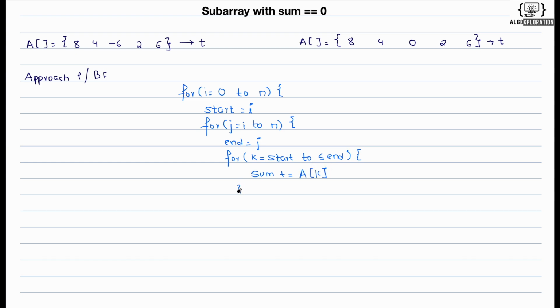After that we will have an if: if sum is equal to 0, simply return true. You don't need to go forward. Now if the execution won't go in this if case, then at last we need to return false.